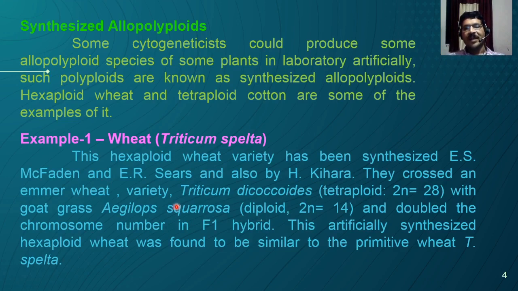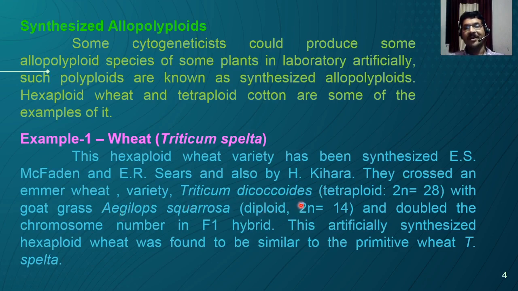It is clear from this example that the wheat variety synthesized as an allopolyploid originated from 2 parents. One parent, Triticum dicoccoides, is a tetraploid species, and the other parent, Aegilops squarrosa, is a diploid parent.